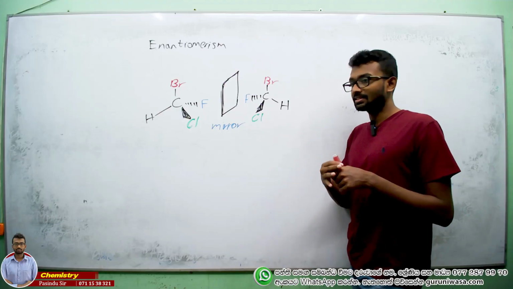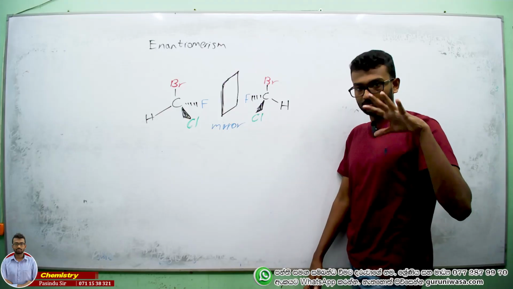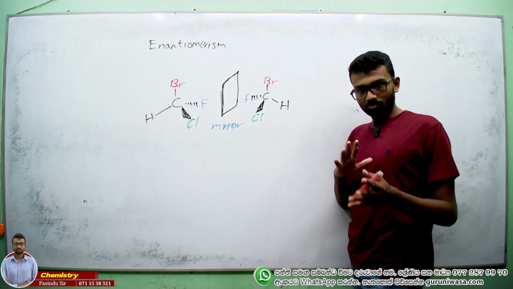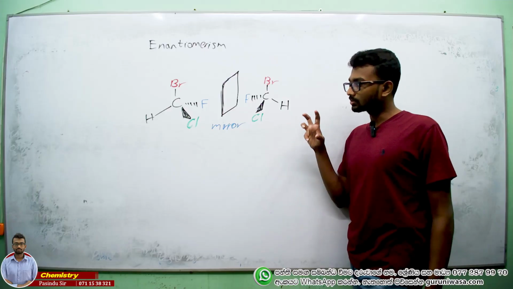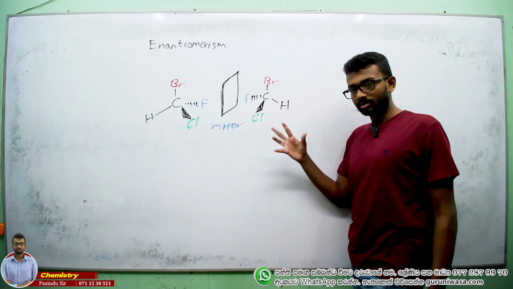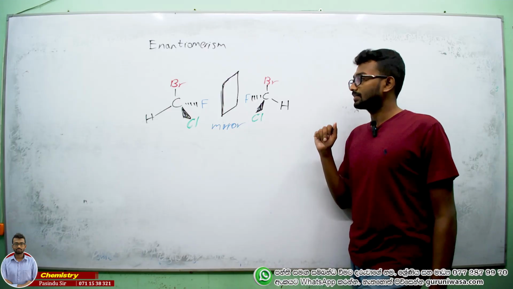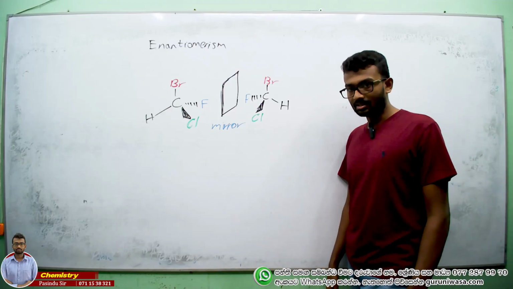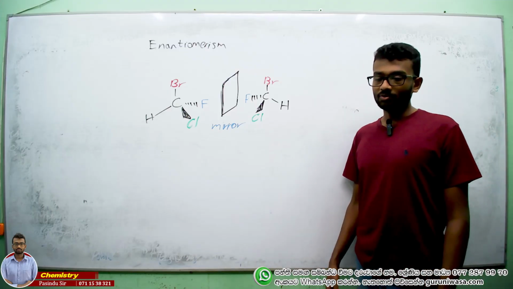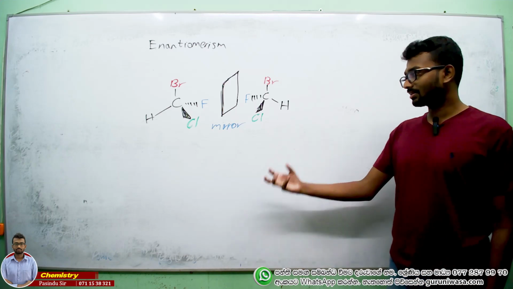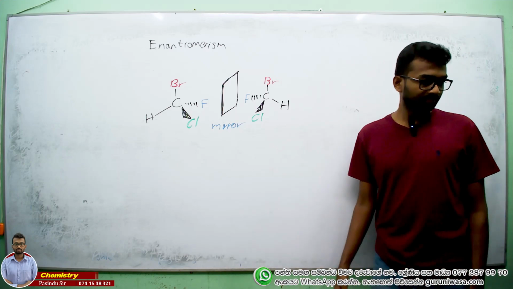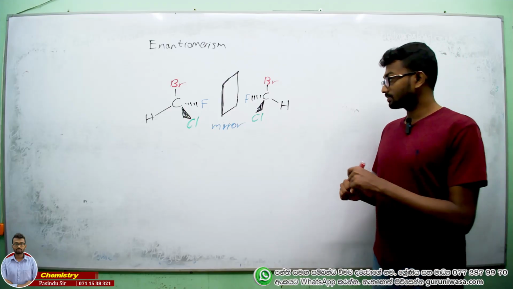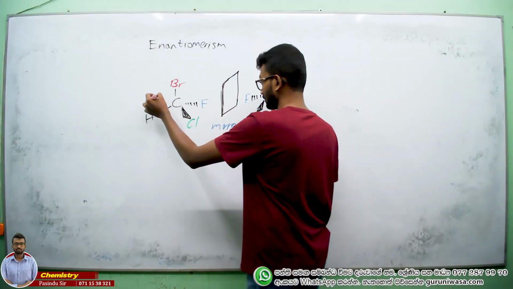If carbon has 4 different groups, it doesn't matter whether it's hydrocarbon or whatever, if carbon combines with 4 different compounds, that carbon will be called chiral carbon, or we call it chiral center. We call it a chiral center, right? That is the specific name, chiral carbon.